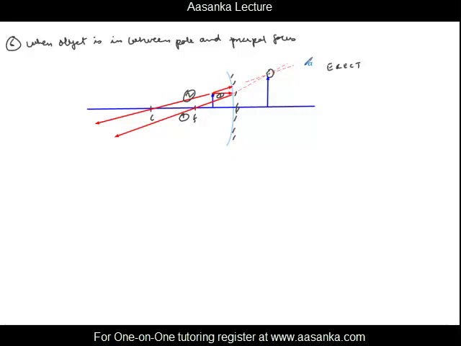So the three types of rays which you have used: one is the property of parallel to the principal axis and then going through the focus, or going through the focus as the incident ray and then becoming parallel, or third, going through the center of curvature and coming back on that line itself. So these are three properties which, when combined with the laws of reflection, that the incident angle is equal to the reflected angle with the normal, and all three lie in the same plane, gave all the cases that we have discussed.